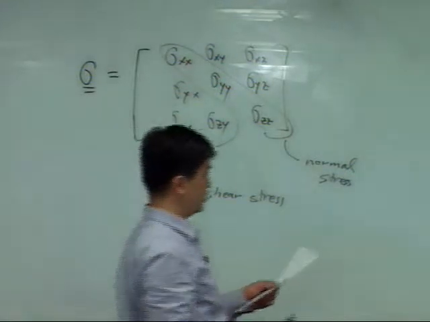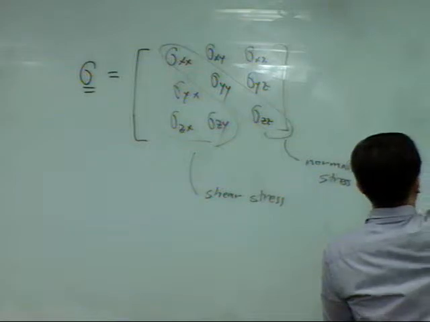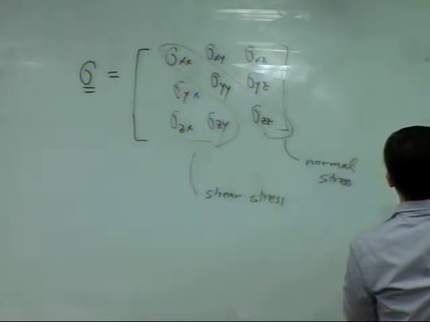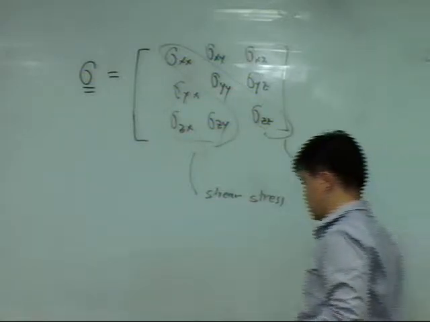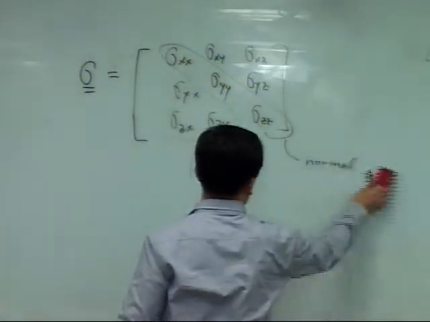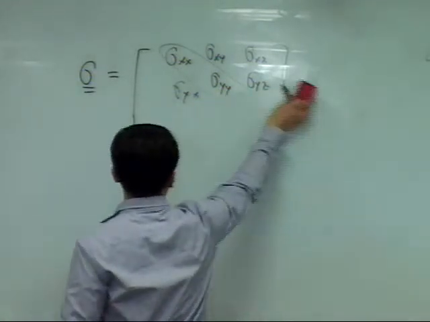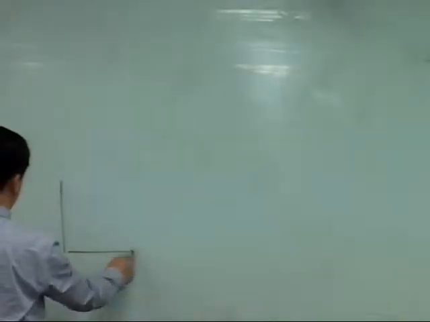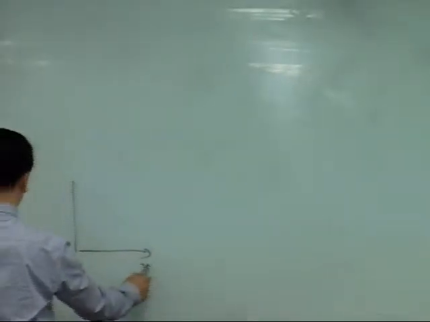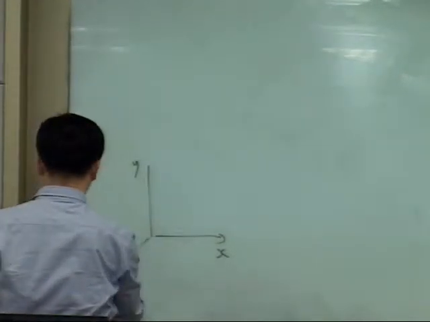Today, let me talk about the local equilibrium equation. Let's say we have a coordinate system x, y, z.